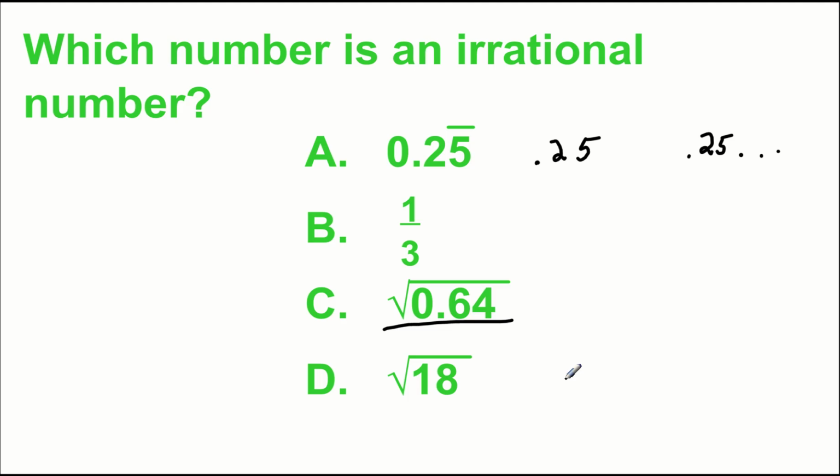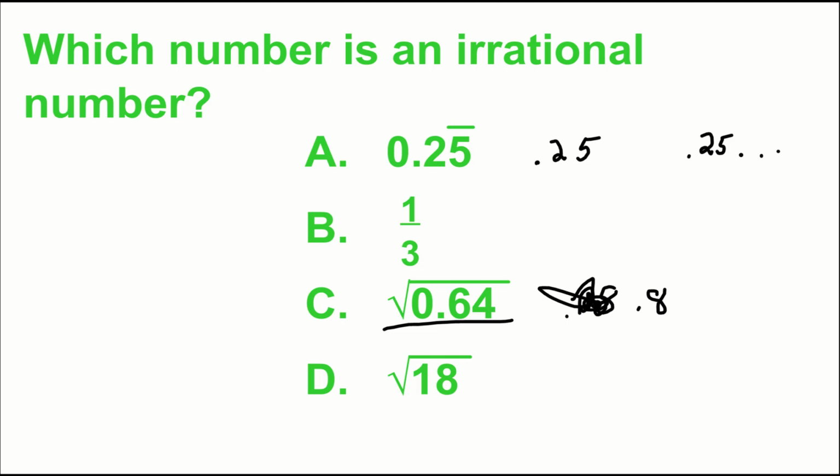Y'all, what number times itself is 64? 8. 0.64 would be 0.08, actually. Or sorry, no, you're right. 0.8, sorry, my fault. Okay? Everybody kind of follow on that?